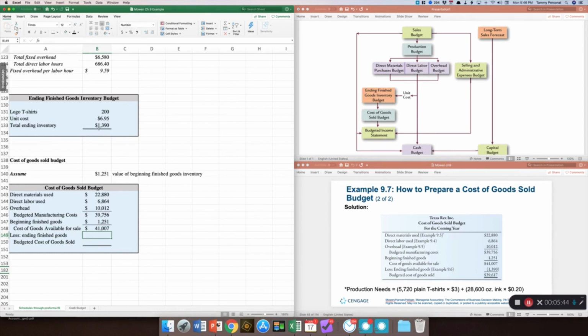So that's why we had to go through this exercise last time of calculating the unit cost and using that to derive the value of the ending inventory. So we're going to present that as a negative 1,390, and then that gives us our budgeted cost of goods sold. Okay, so that's $39,617 budgeted cost of goods sold.